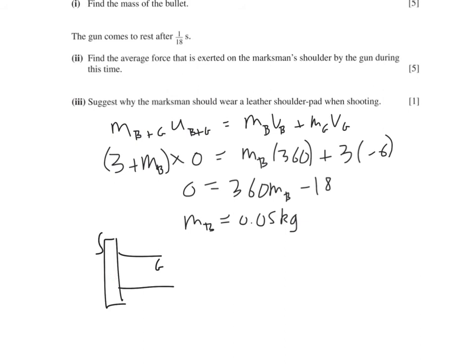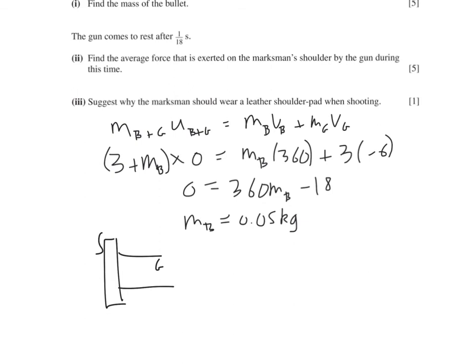So the gun's got a speed of 6 meters per second initially, and then it'll stop because the shoulder will absorb the force. It comes to rest after 1/18 of a second. We need to find the average force that is exerted on the marksman's shoulder by the gun during this time.